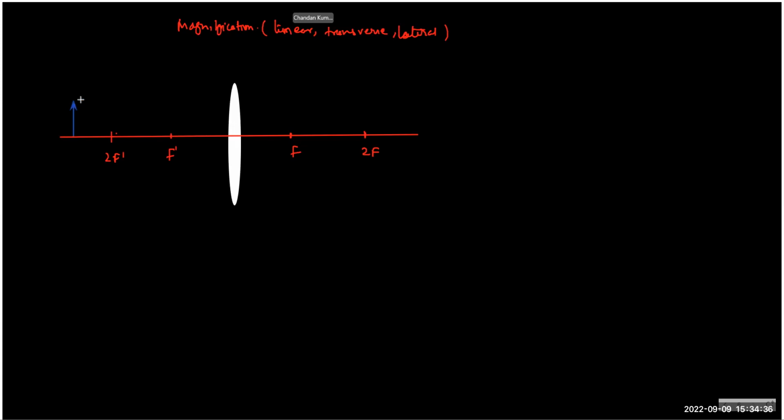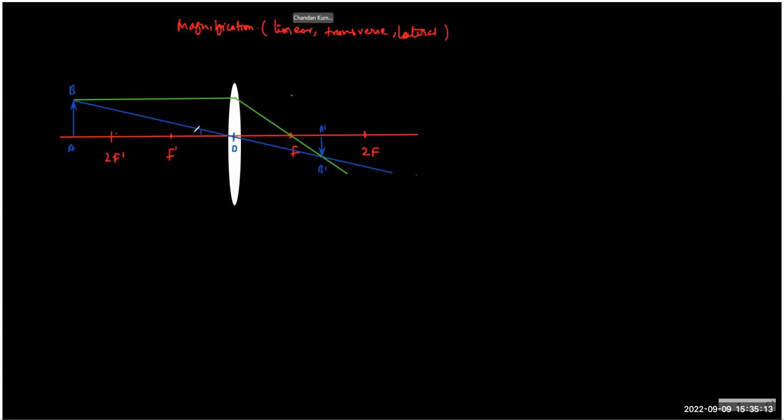So we know the image will be between F and 2F. Either you can draw completely or you can just get it. Label A, B, A dash, B dash. This is O.